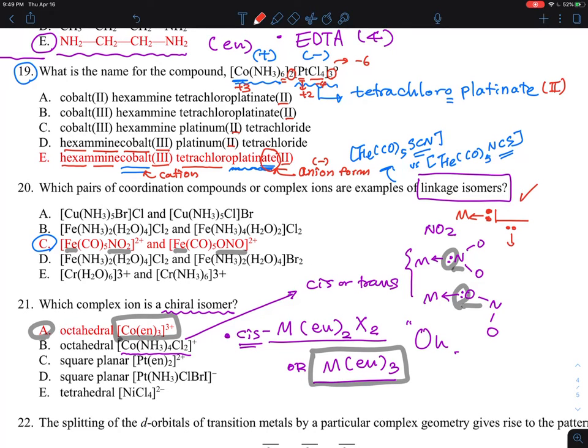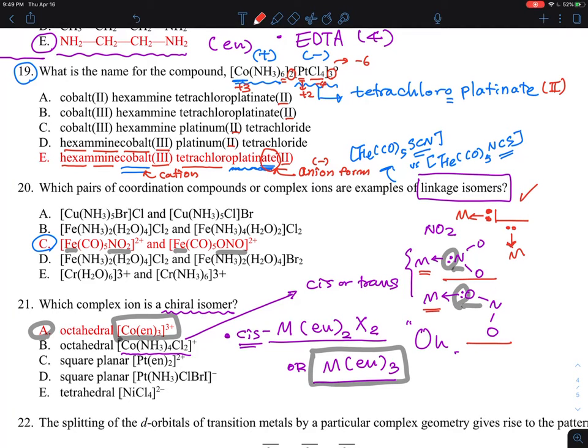So these are the 2 possibilities. Here is an example of nitro and nitrito: the nitrogen lone pair on the nitrogen side forms the docking to the central metal, or the oxygen lone pair forms the docking to the central metal, right?